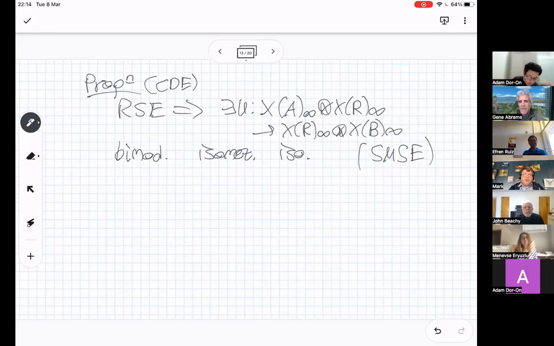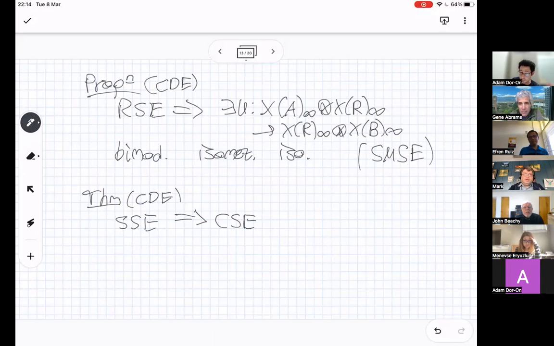And so the main result of our paper is the following. Strong shift equivalence implies compatible shift equivalence. So this is now still at the level of adjacency matrices, which implies representable shift equivalence, which is now at the operator theoretic level, which implies strong Morita shift equivalence, which is now something in terms of the bimodules.